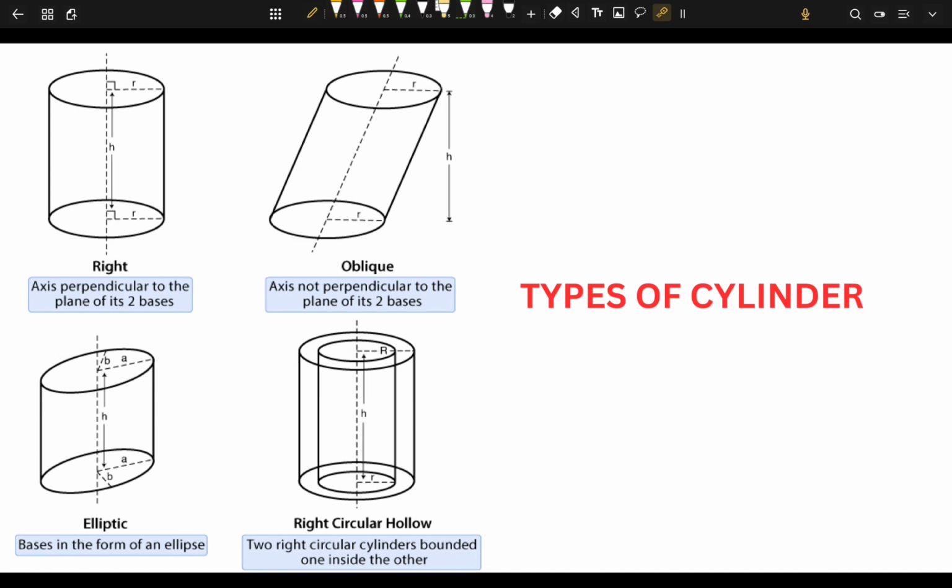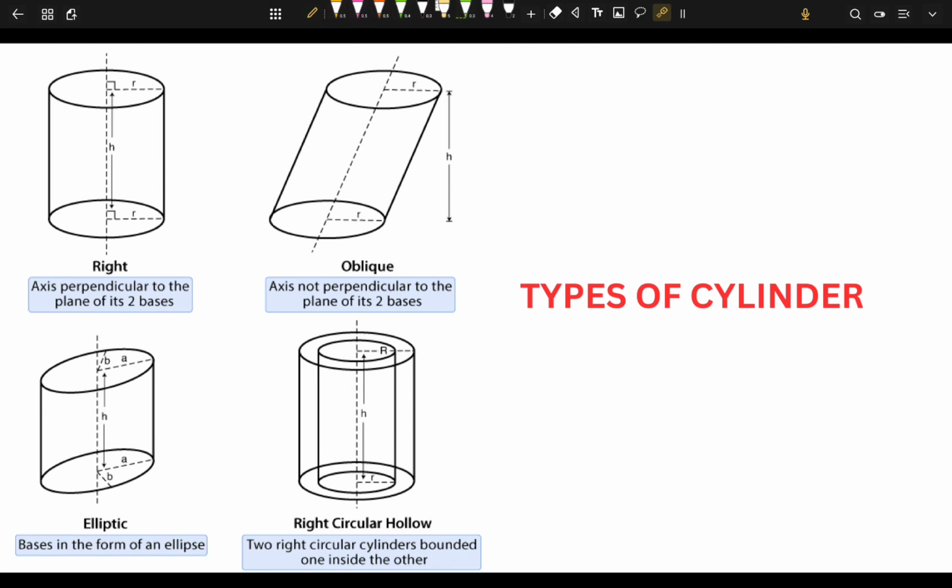And we have the elliptic. Elliptic yung ating base or ellipse yung ating base. So, we have the elliptic cylinder and yung ating circular cylinder. So, bases in the form of ellipse kapag po elliptic. Okay? So, ayan, itsura kapag elliptic.